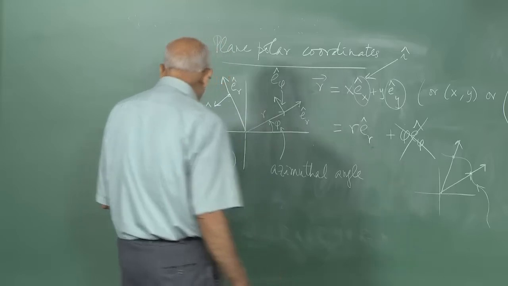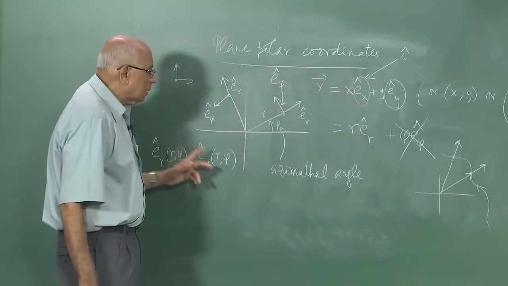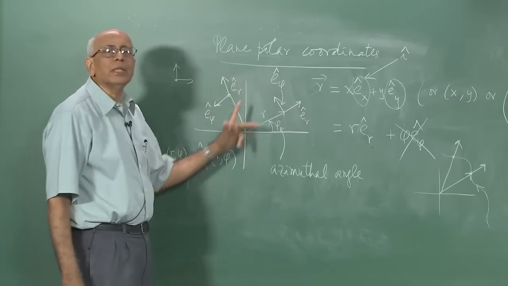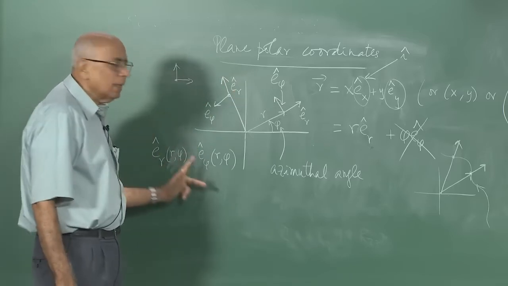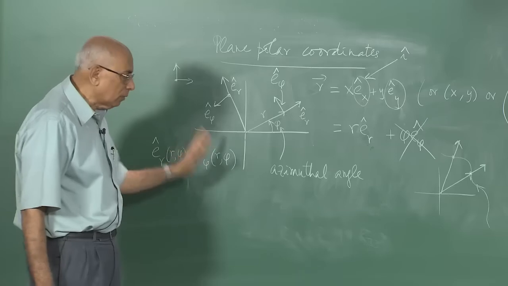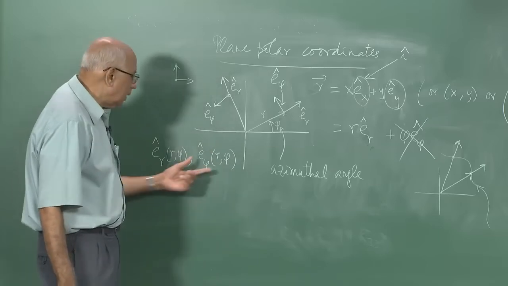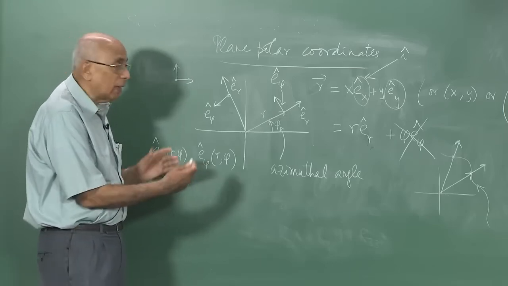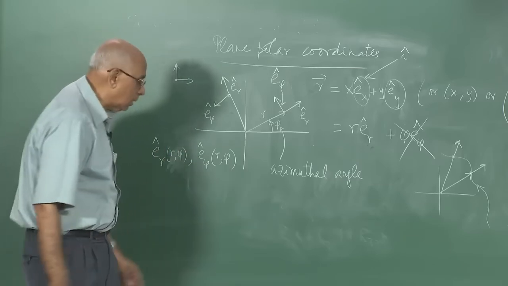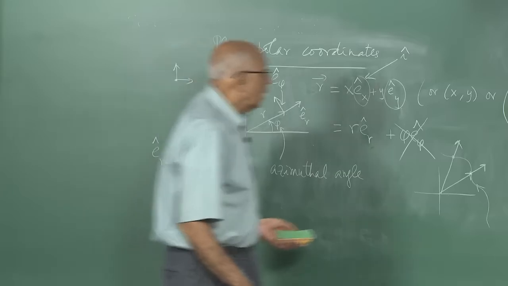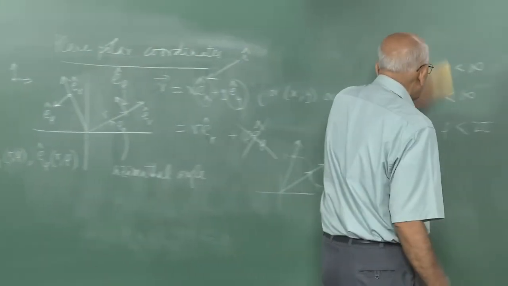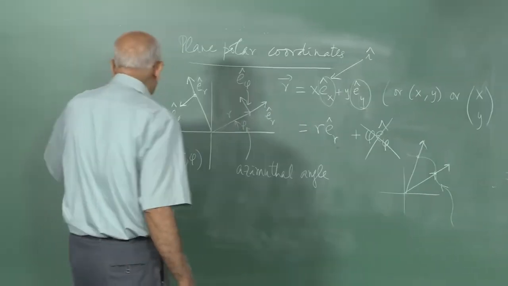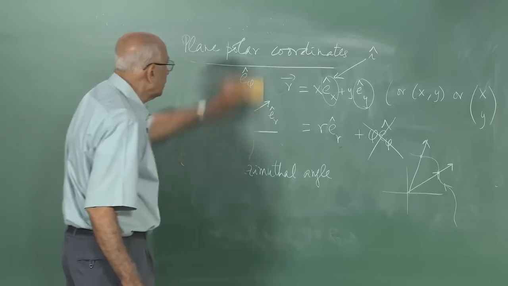But I hope this is clear that the unit vectors in the Cartesian system are in some sense rigid, they are fixed once and for all, independent of the coordinate or the position of the particle, but the unit vector in any other non-Cartesian system immediately is position dependent and we have to take that into account at all times.